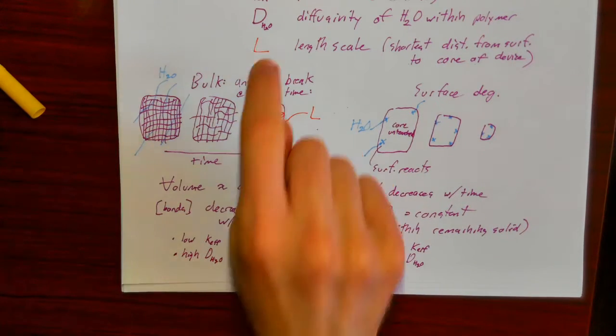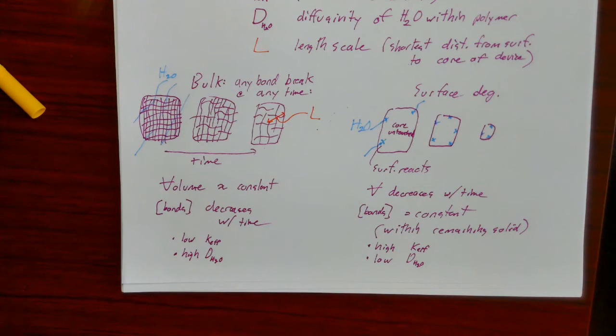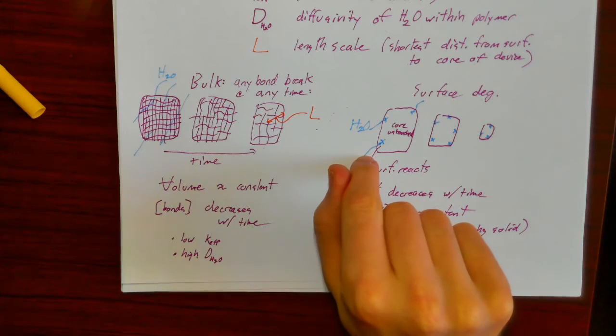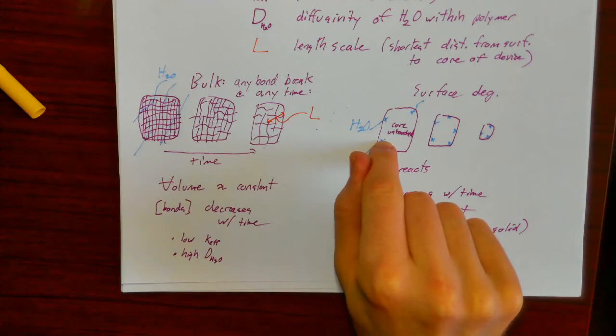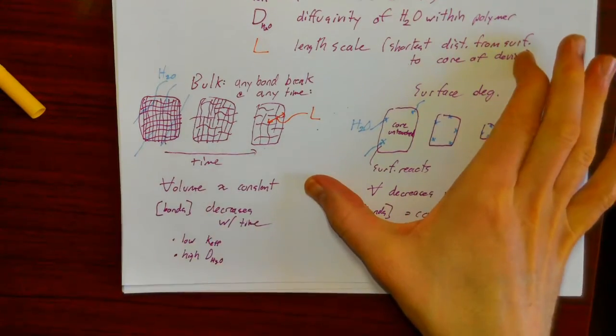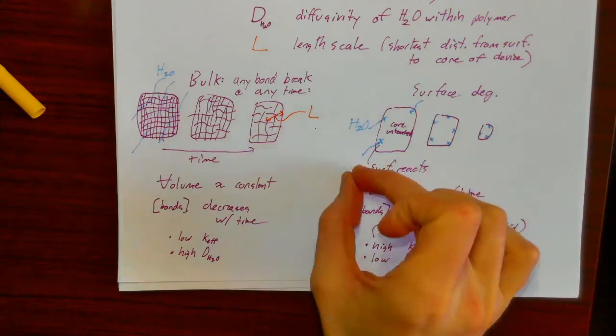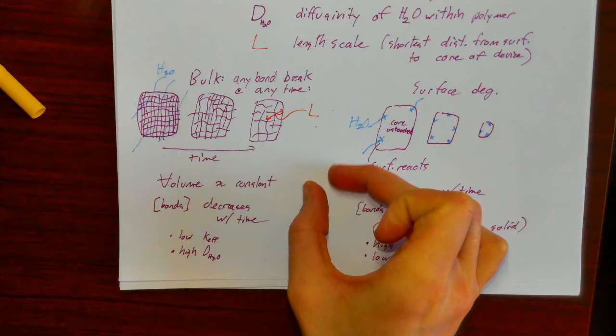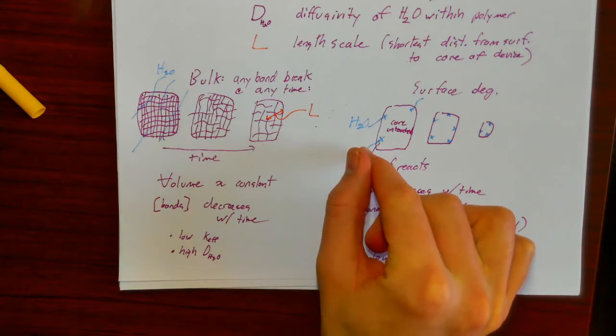Finally, let's think about the length scale. Well, for surface degradation, you can imagine there's a characteristic depth to which the H2O penetrates before it can react. And if the implant is very large, then relative to the overall size of the implant, we can consider the penetration depth.